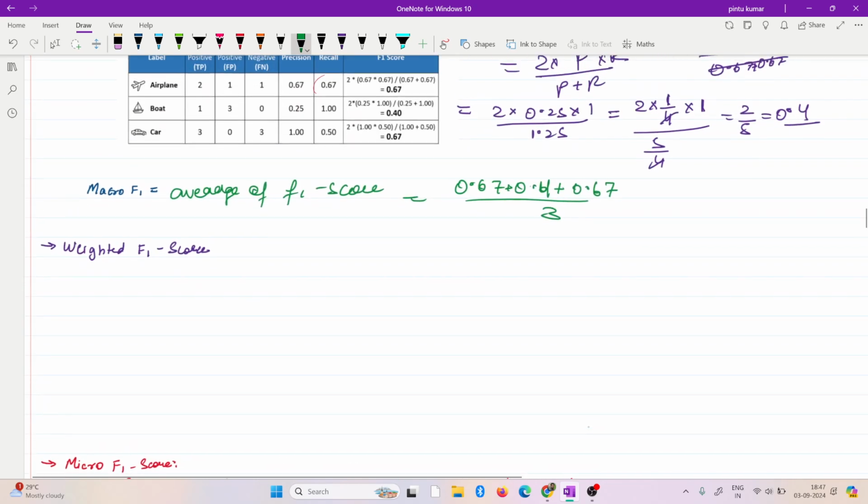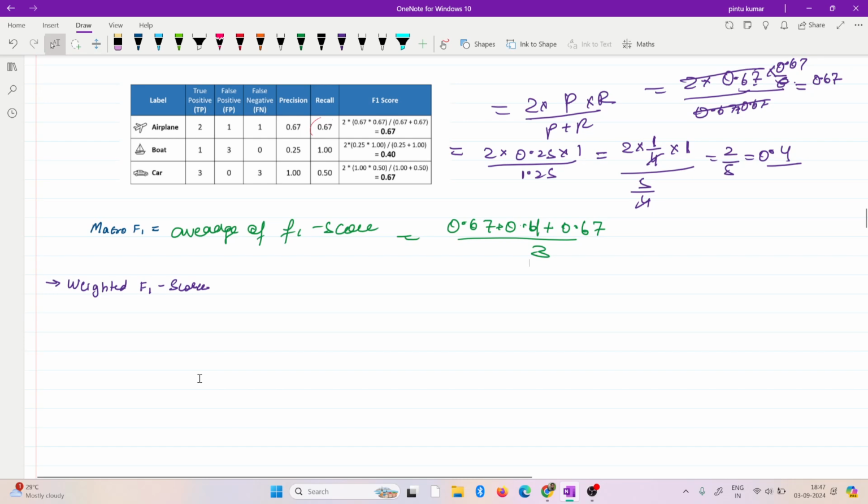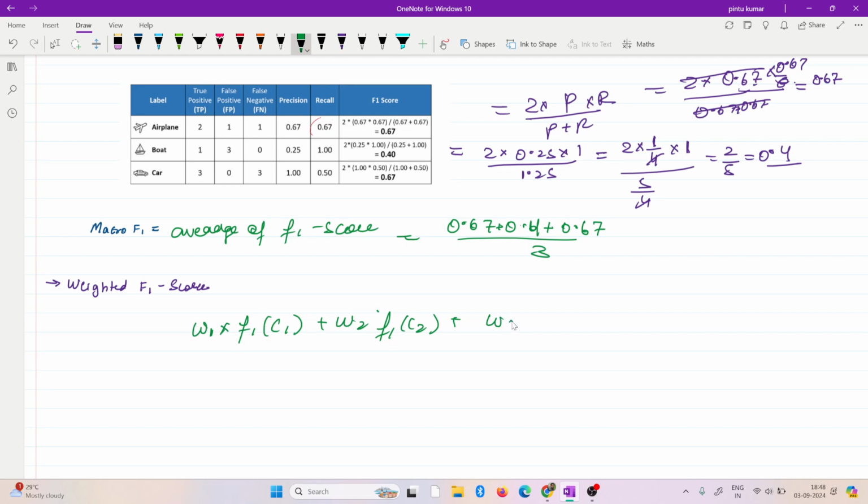Okay. So there is something called weighted F1 score. Let's say in your application, predicting whether your class is aeroplane or not carries most importance. So what you can do is, you can give some high weightage to your airplane F1 score. So you take W1 times F1 score of class 1 plus W2 times F1 score of class 2 plus W3 times F1 score of class 3, right?